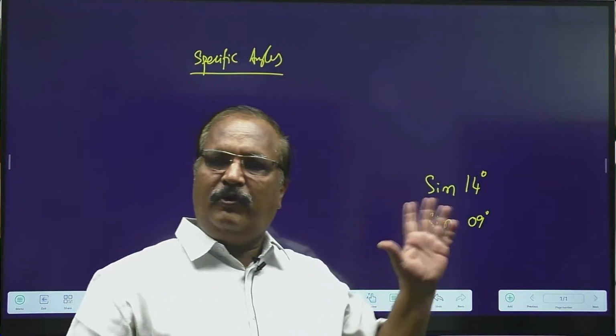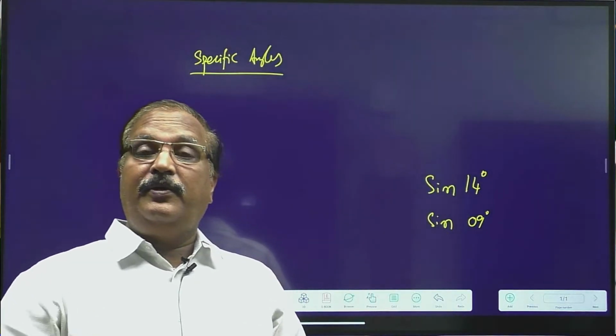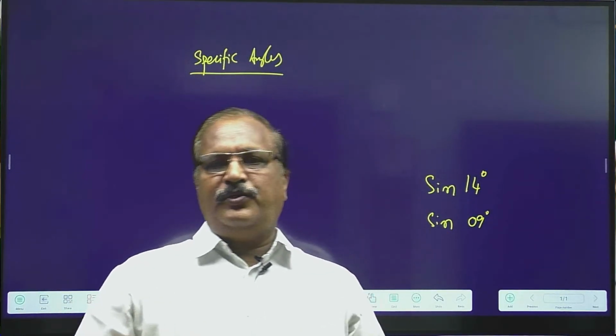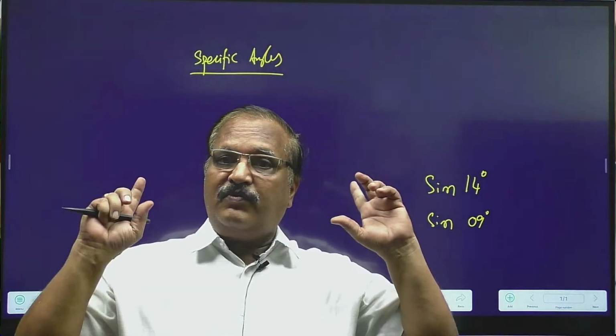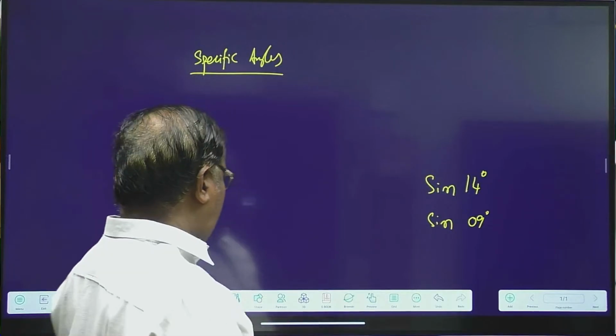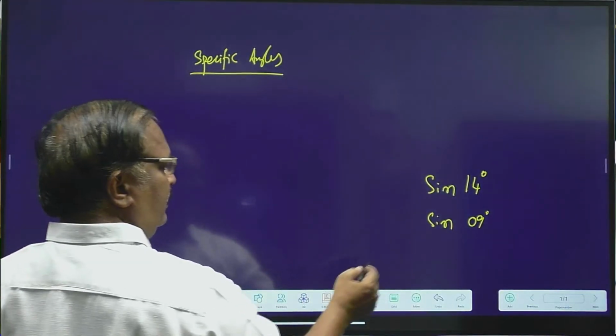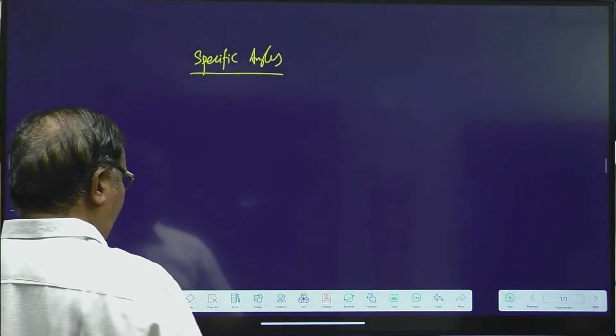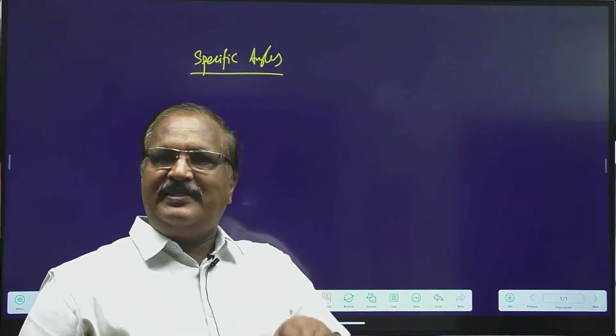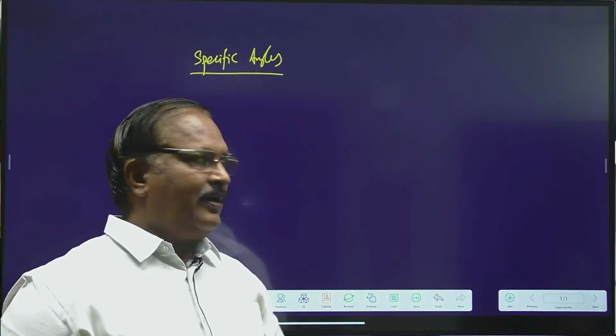Any angle you will be getting in trigonometry using the calculator or the trigonometric tables, but we are not working on all angles. Only specific angles where those angles are involved in a right triangle.